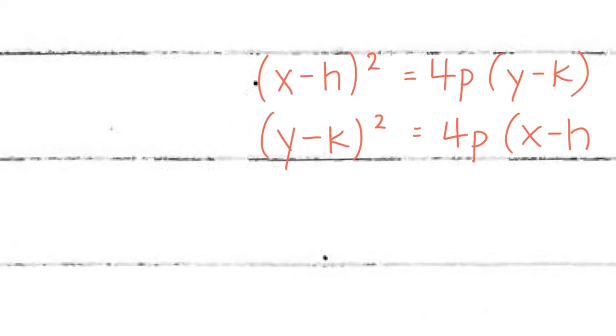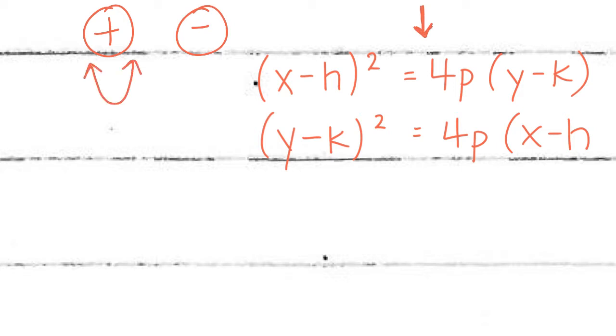Now, we know that parabolas could be positive or negative, and that negative and positive will show up right there at the 4p. A positive x squared is one that goes up, a negative goes down. A positive y squared kind of looks like a c, and backwards will be the negative.